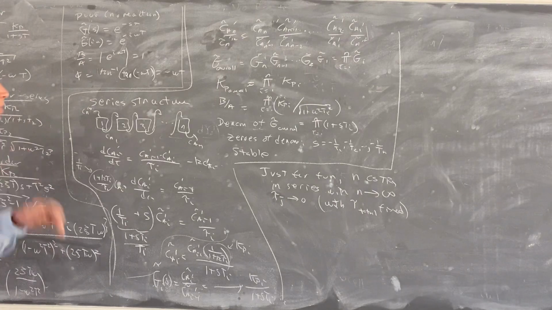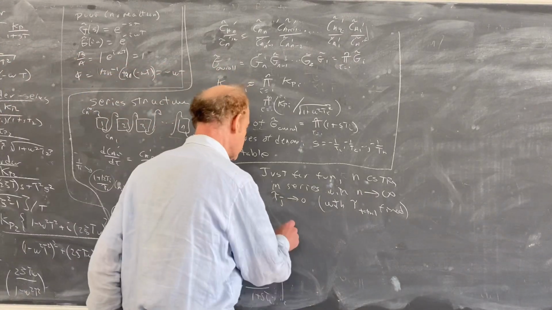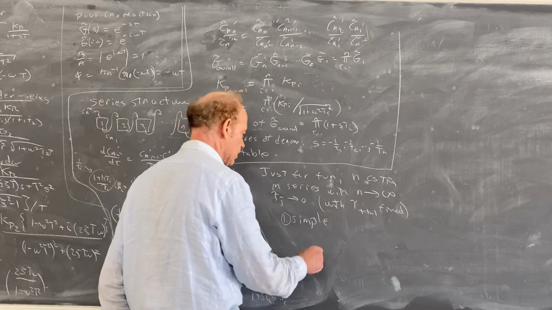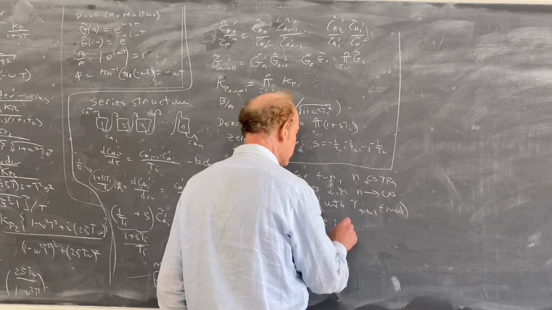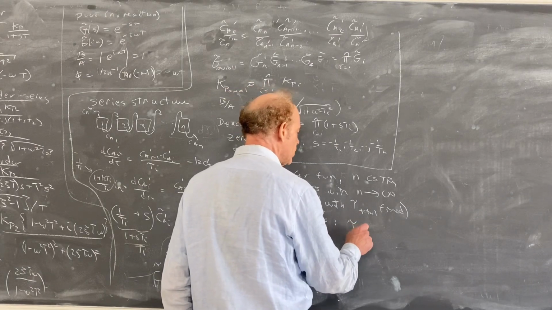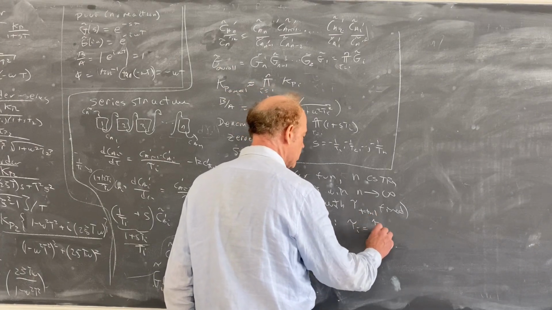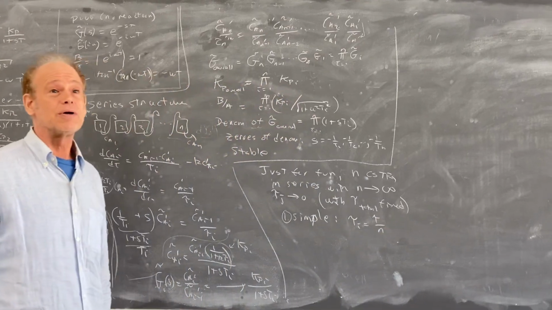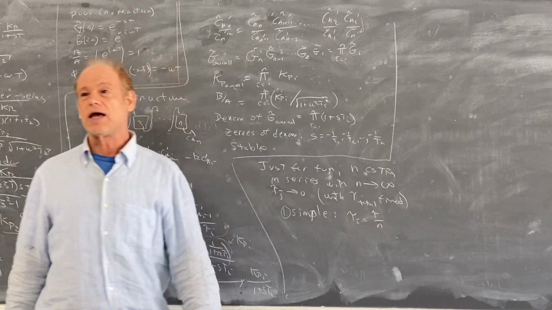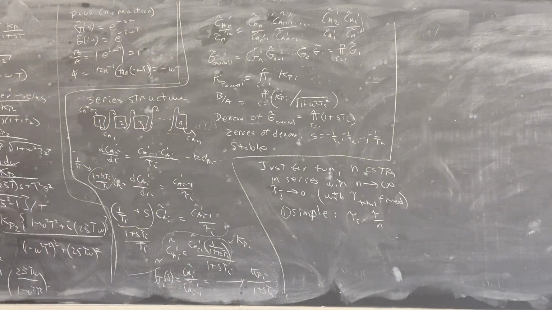Why not? So we're going to do it two different ways. First, we'll do the simple way. Then I'll do a slightly more complicated one, which isn't really much more complicated. The simple one is tau i is just tau over n. So I have n CSTRs in series all the same size, and as I increase n, I make each one smaller.